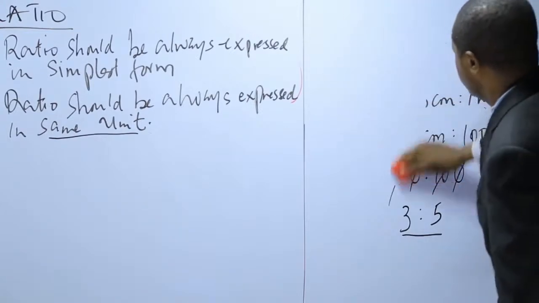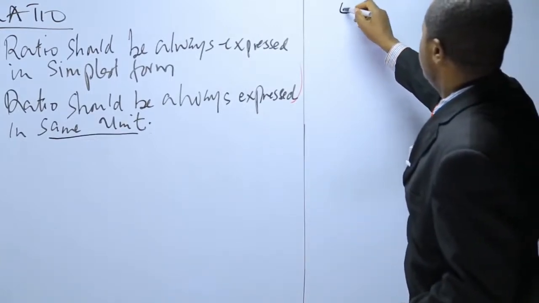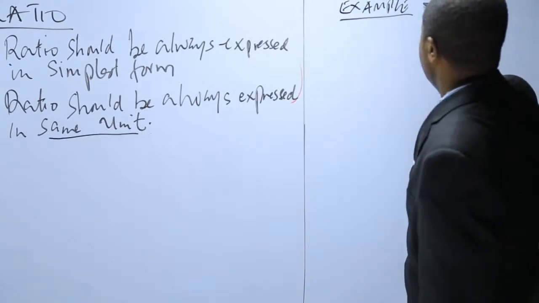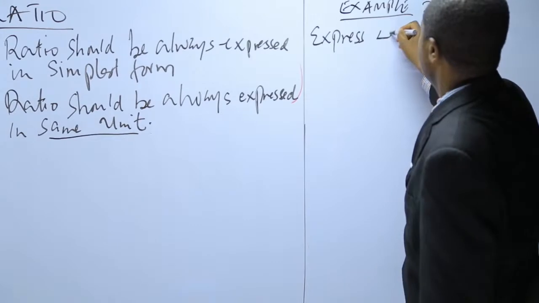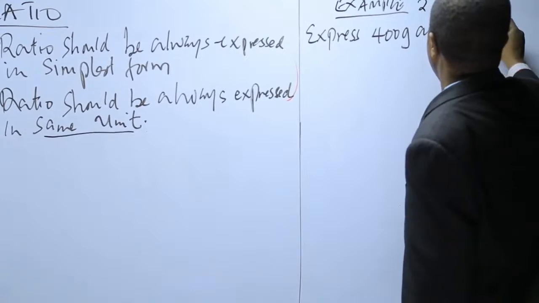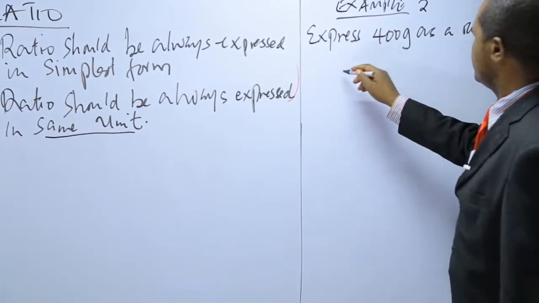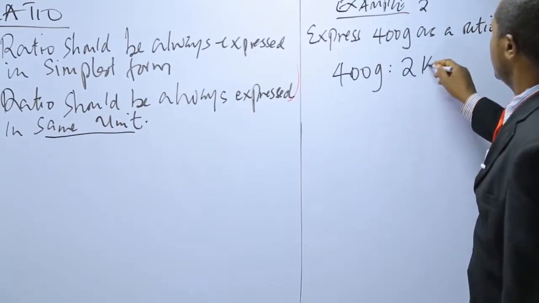Then another example. I hope you are following. Another example, I can give many examples. Example number 2. Express 400 grams as a ratio of 2 kilograms. 400 grams to 2 kilograms.